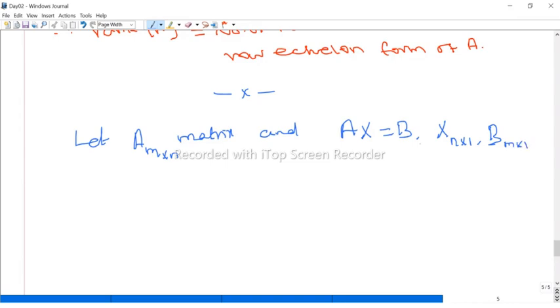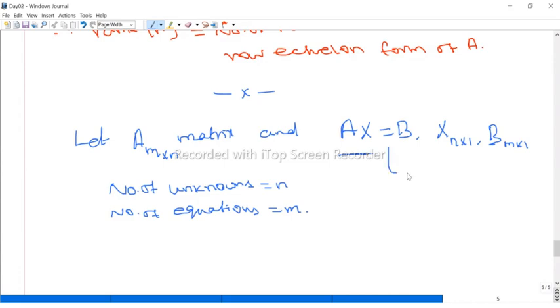Therefore, the number of unknowns is n, and the number of equations is m. The system contains n unknowns, x1, x2, up to xn, and m equations. We call this system equation number 1.